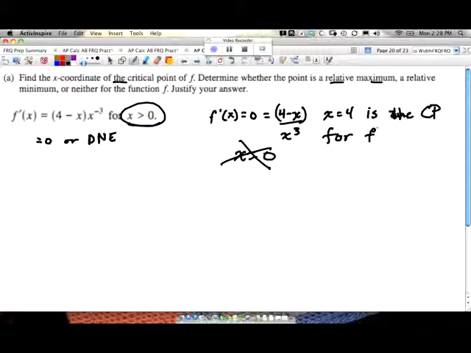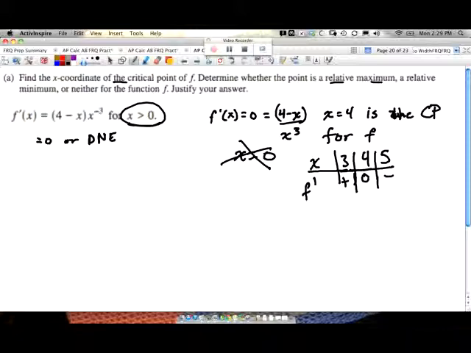At this point, it's asking you to determine if it's a relative min or relative max. Okay, well then let's do a little chart here. X and f prime. So we know at 4 we are 0, but we need to check before that, let's say 3, and after that at 5. If we were to plug in 3, that would give us a positive over a positive, and that would be positive overall. If we were to plug in 5, that would give us a negative on top, but a positive on bottom, so that'd be negative.